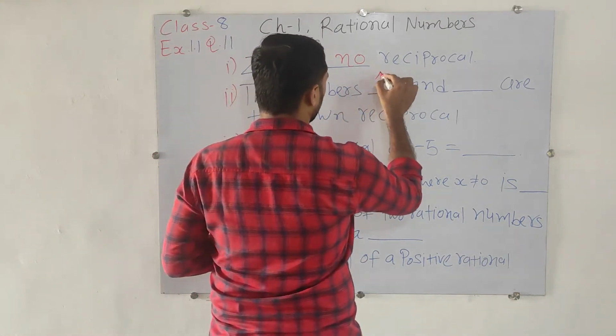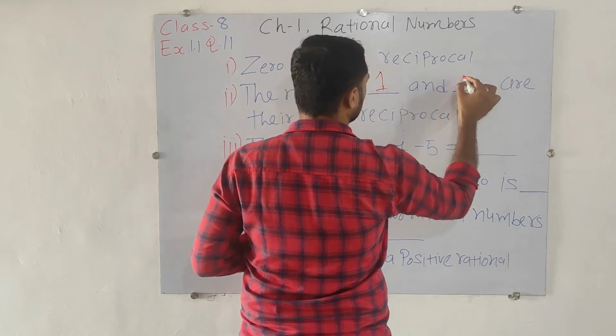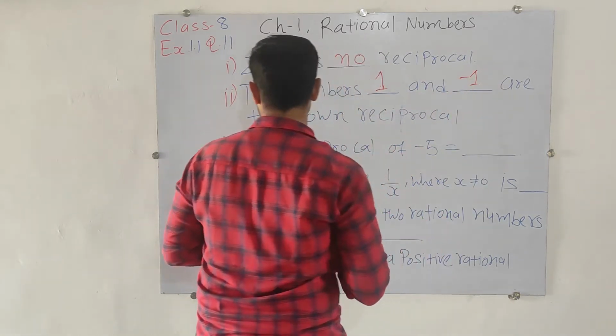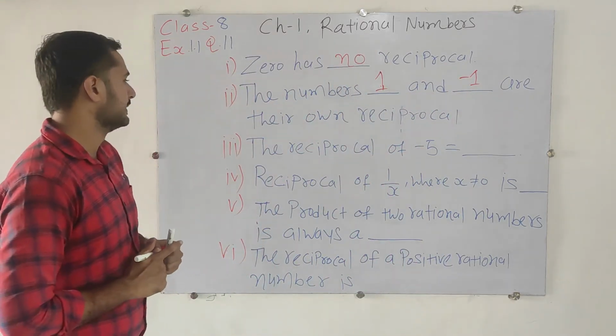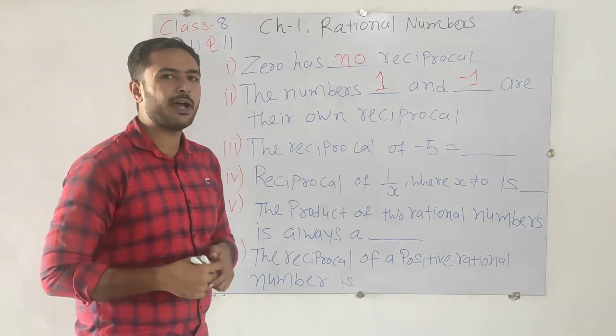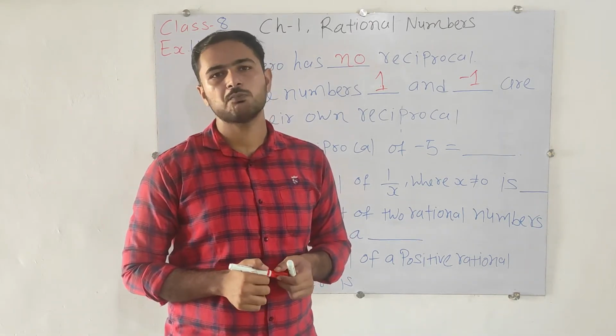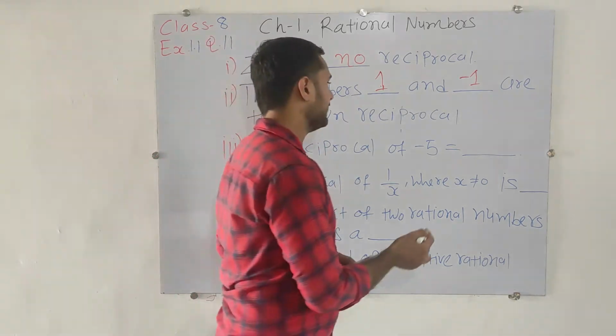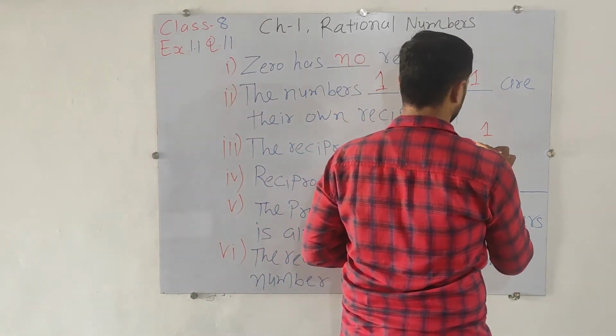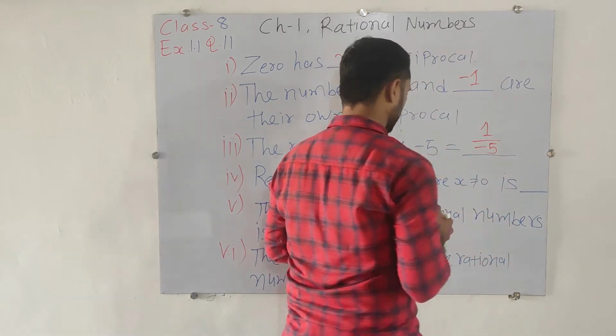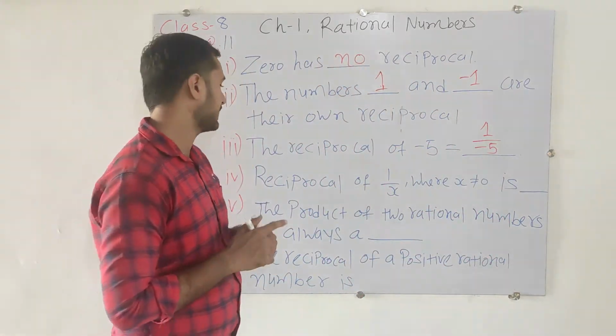So that is 1 and minus 1. Now the third one: the reciprocal of minus 5 is 1 by minus 5. Reciprocal of minus 5 is 1 by minus 5.